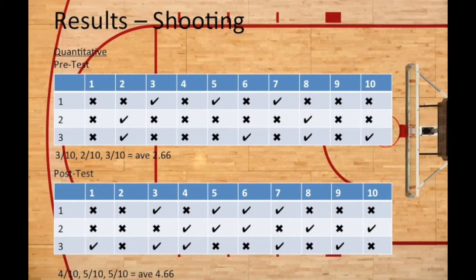Results from the pre and post tests for the quantitative free throw shooting were very encouraging, as we see the scores go from an average of 2.6 to 4.6.